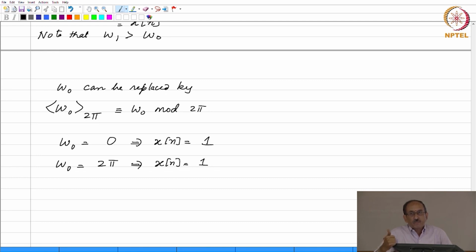So intuitively it appears the frequency of oscillation will increase and then probably start to decrease and slow down and reach the DC sequence once more. So we will look at waveforms next class.